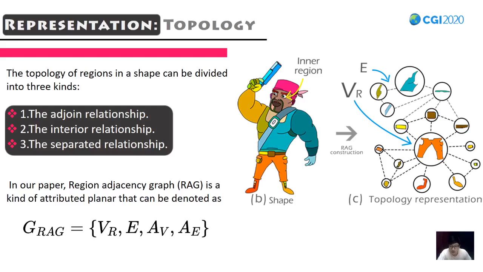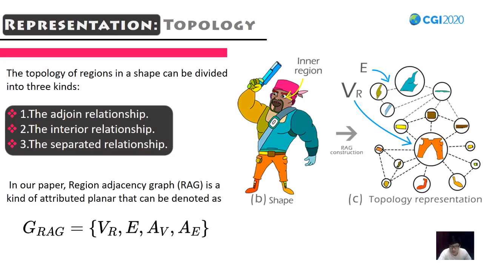The RAG can reflect three kinds of relationships. The adjoint relationship means that there will be a shared boundary between the two regions. The boundary can be a stroke or just a vertex. The inter relationship can be described as a region wrapped in a bigger region without a shared boundary, like the eyes in the figure.